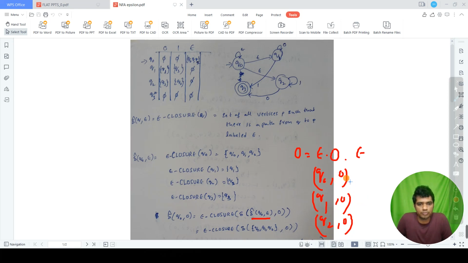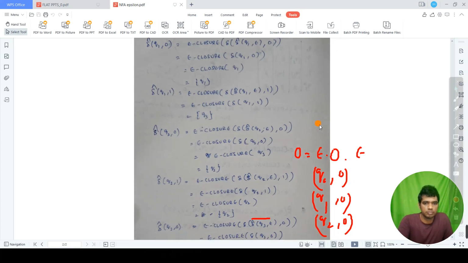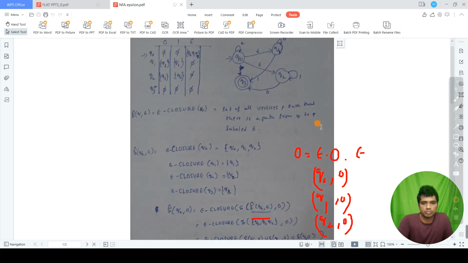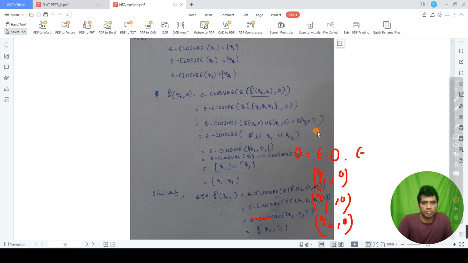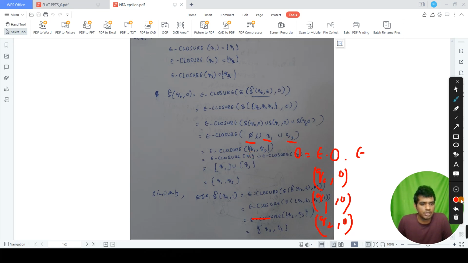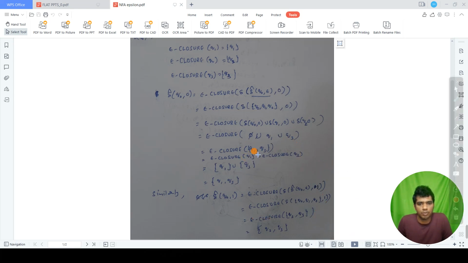So Q naught on 0 is the empty set, Q1 on 0 is Q1, Q2 on 0 is Q3. Okay. So after this we got the subset Q1, Q3.